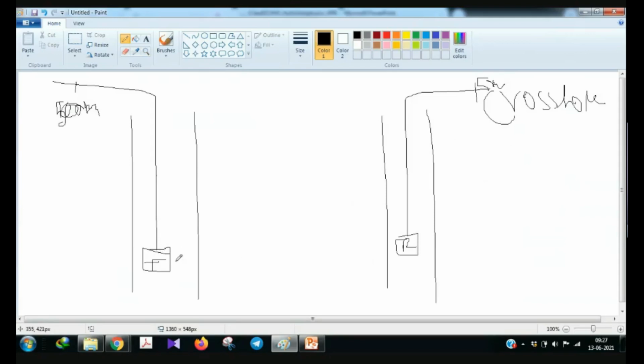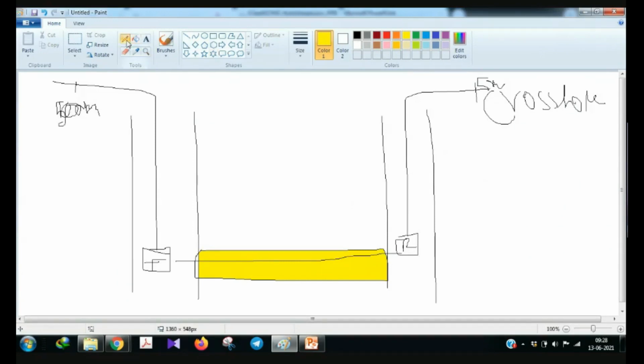After taking the data, this transmitter will transmit, and whatever the subsurface materials are in between will be mapped. This portion I have highlighted will be mapped using this technique.